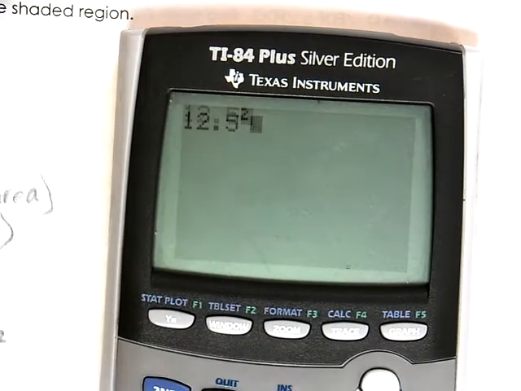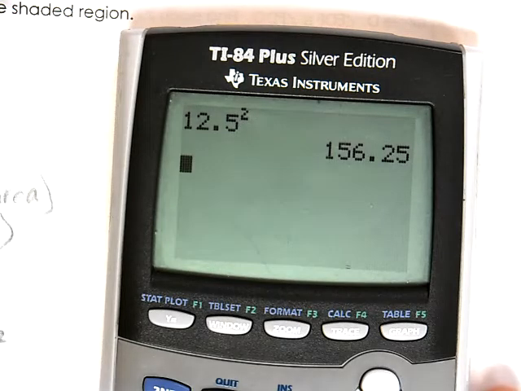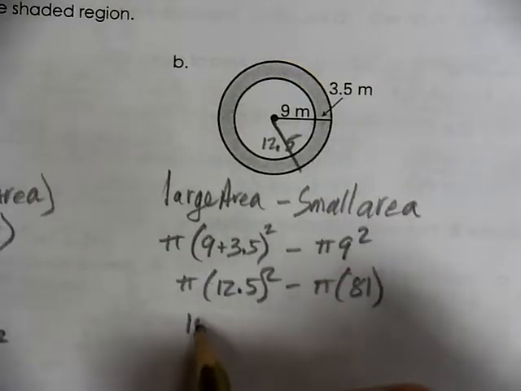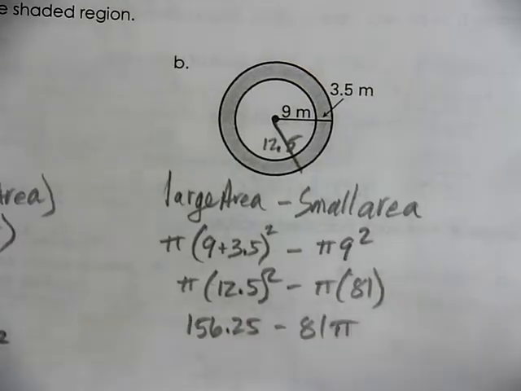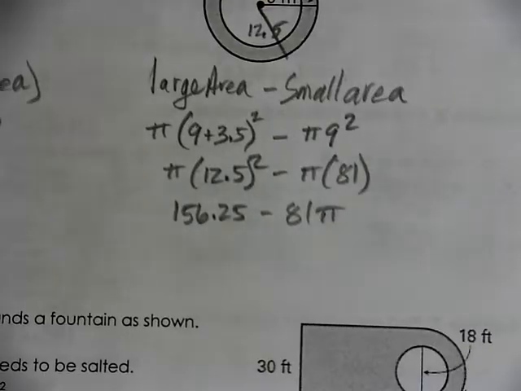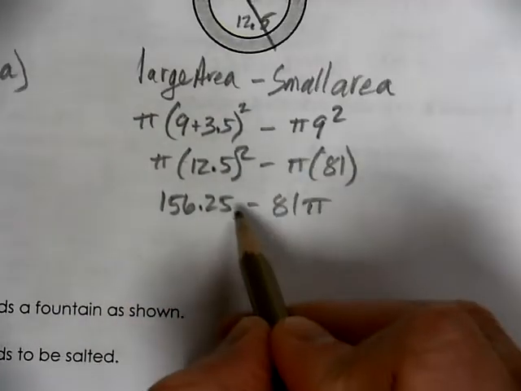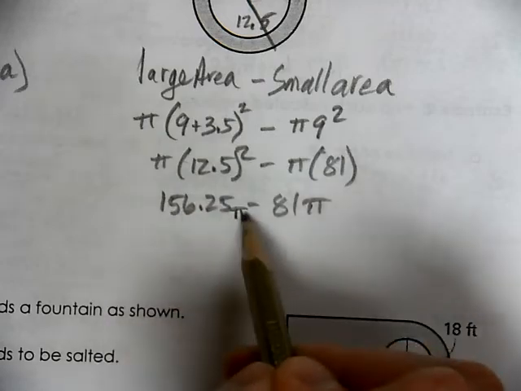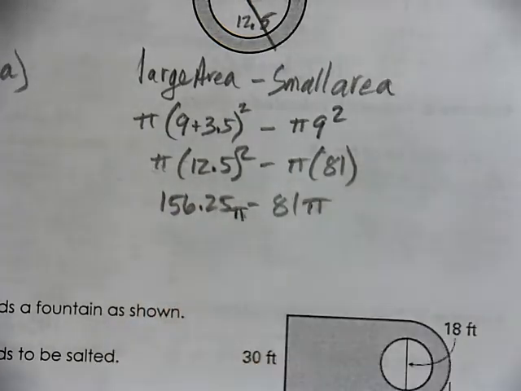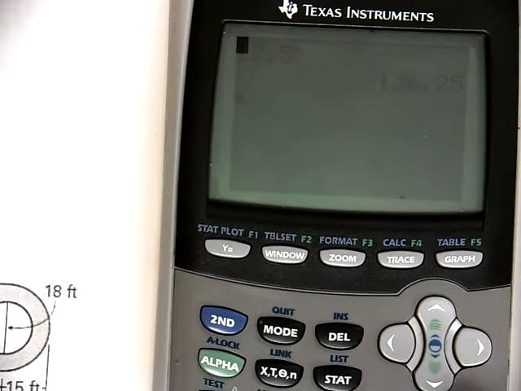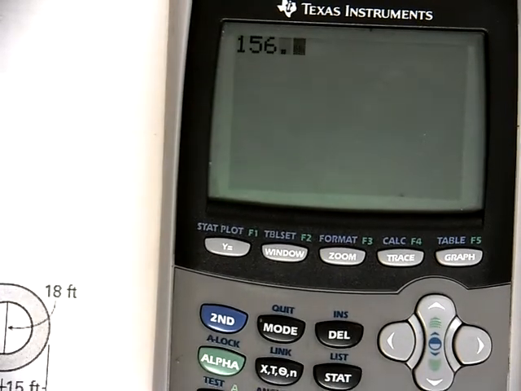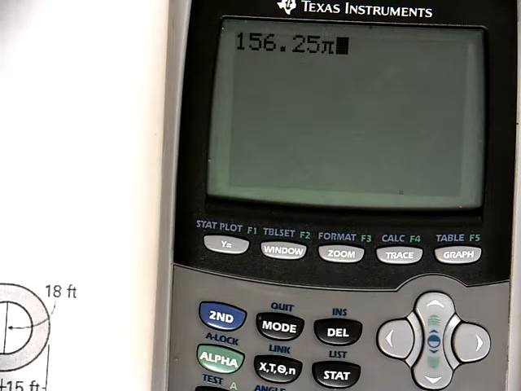Well, 12.5 squared is 156.25. And we're subtracting 81 pi. That we can. Those are like terms. They both have pi in it. So we have 156.25 pi.